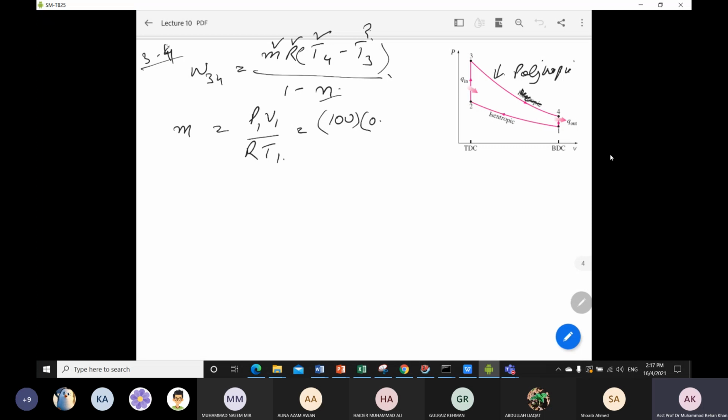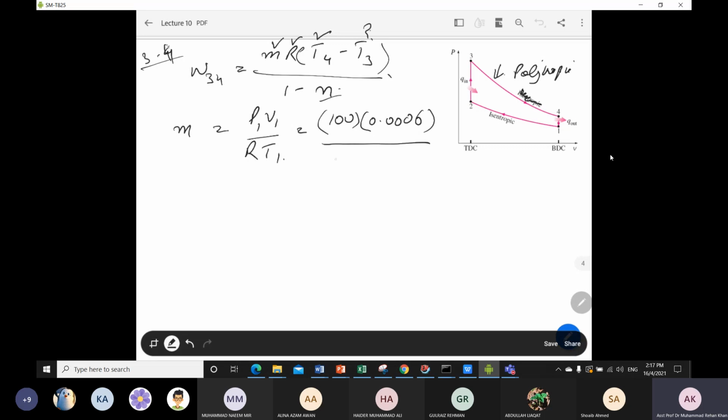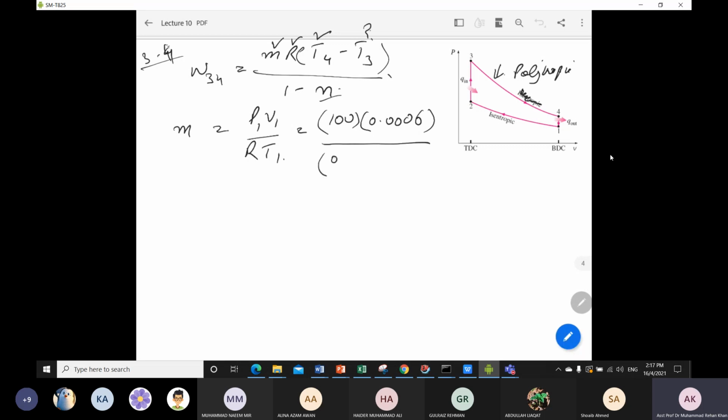So you can just convert it into meter cube and you will get 0.0006. R value you can easily find out from table A2, and temperature 1 is also mentioned in your question. By just solving it, you will get 6.788 times 10 raised to power minus 4 kg. So this is your m value over there.